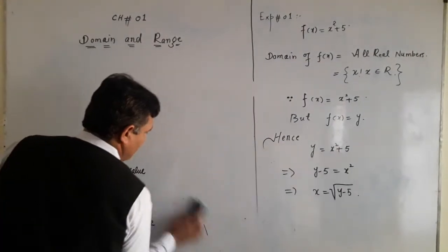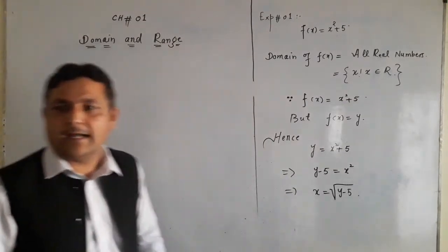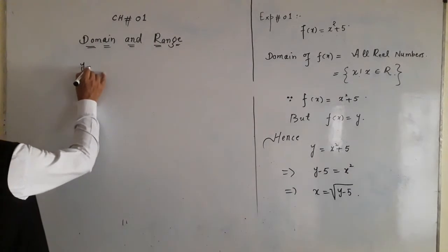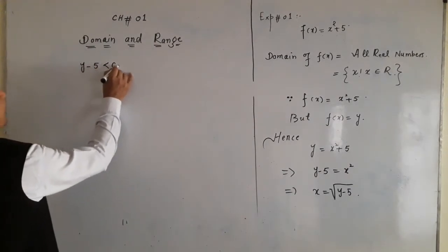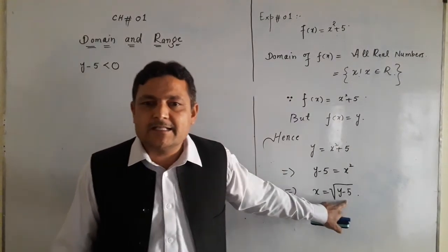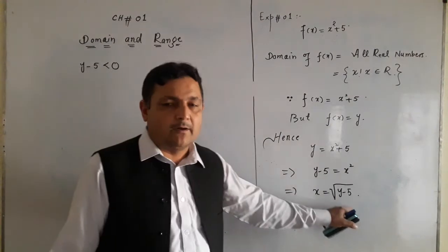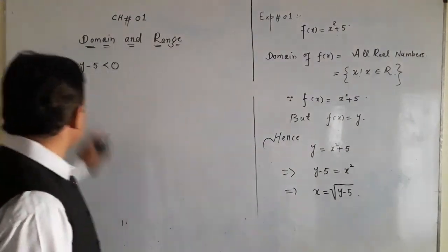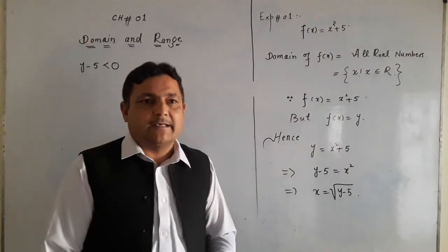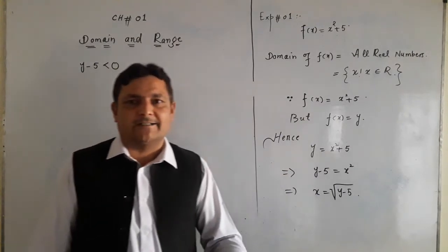Now, x is equal to the square root of y minus 5. If y minus 5 is less than 0, then the function will become undefined, because y minus 5 less than 0 gives us negative values, and the square root of negative values is not real.